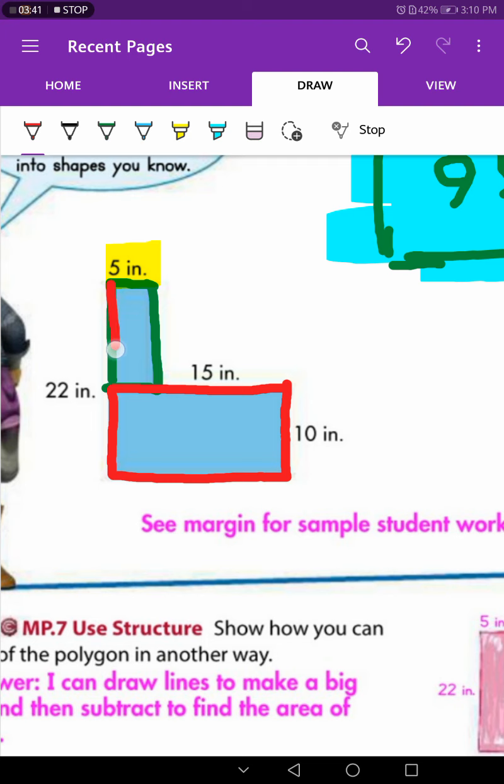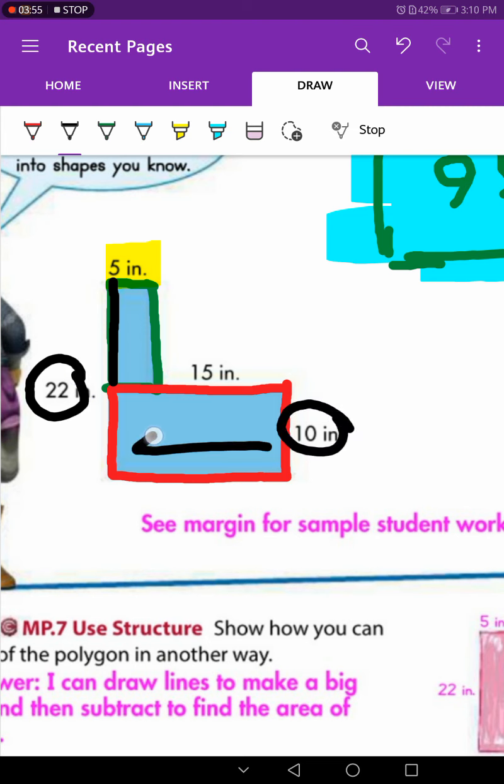You need this one, yes? This side, from here to here. It is not a 22. It is 22 minus 10. Why? Because you have to take the whole length here minus this piece, and this piece equals 10.